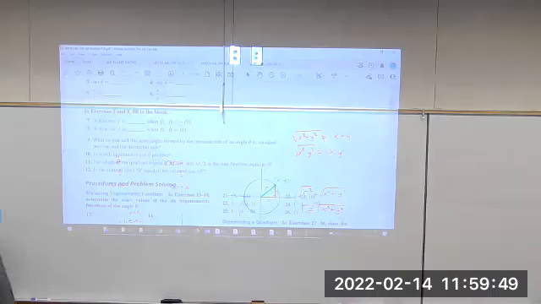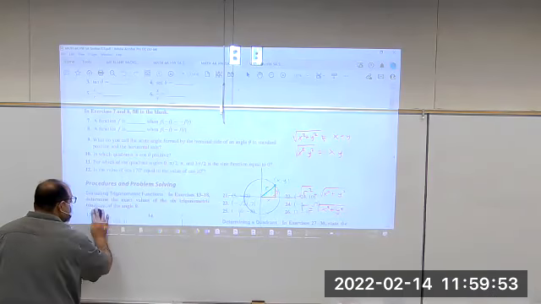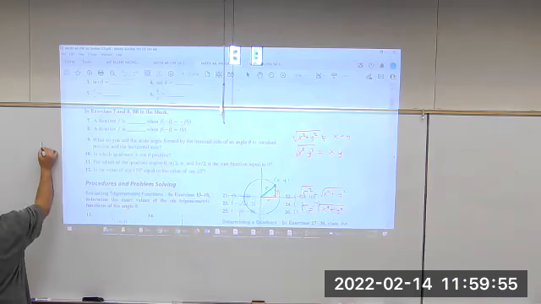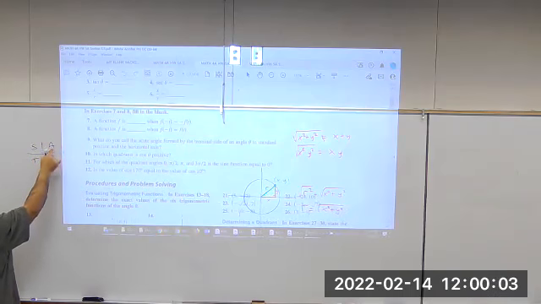What quadrant is cosine positive? So I know we talked about how all students should be taking calculus. All of the trig functions are positive in quadrant 1. Counterclockwise, the sine and cosecant, the sine function is positive in quadrant 2. In quadrant 3, tangent and cotangent.